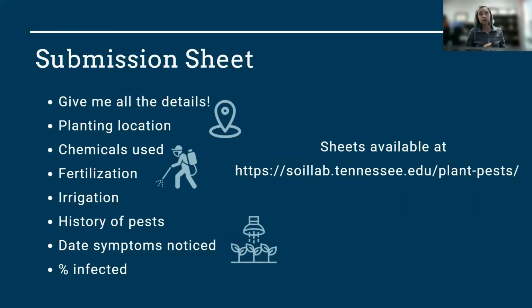Sometimes over-fertilization can attract more insects to a plant. Sometimes overhead irrigation can cause an increased amount of fungal and bacterial pathogen spread. So the more I know, the better recommendations we can give.